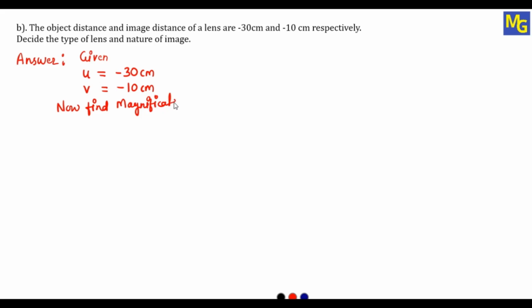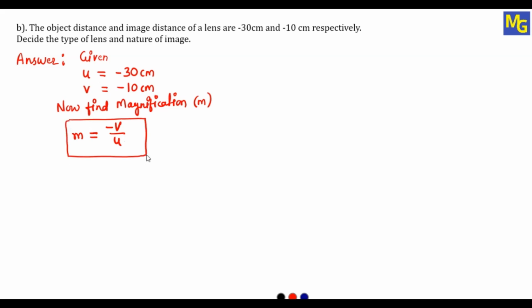So what is the formula of magnification? We have the magnification formula in terms of object distance and image distance, as well as in terms of object height and image height. Now as we have the values of object distance and image distance, we will use this formula, that is m is equal to minus v divided by u. So this is our formula.